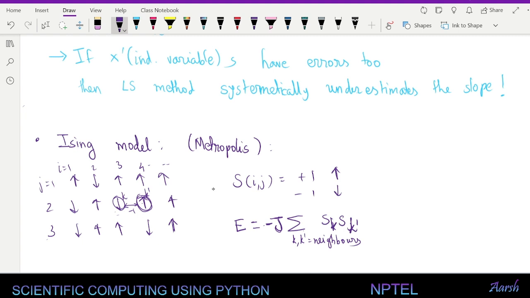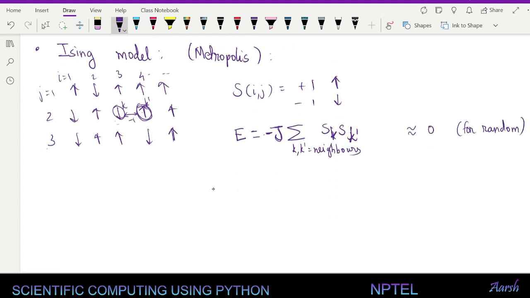If the spins are randomly plus and minus, then half the times the product will be plus 1 and half the times minus 1. So the sum will be roughly 0 for a random or isotropic phase, and it will be non-zero, close to its highest magnitude, for aligned spins.